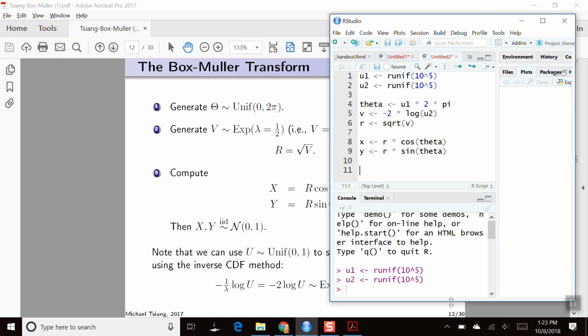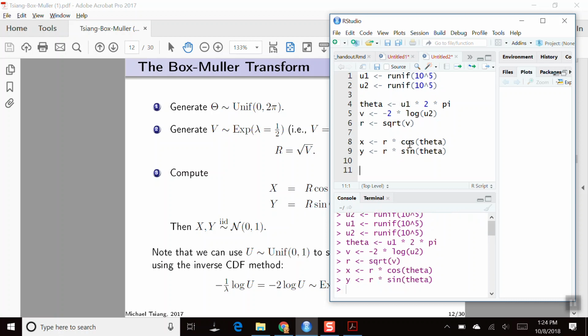And that's it. So our only source of randomness is the uniform distribution, R unif. I run it twice, and then we do the Box-Muller transform, and we'll get x and y. And x and y will now come from the standard normal distribution.